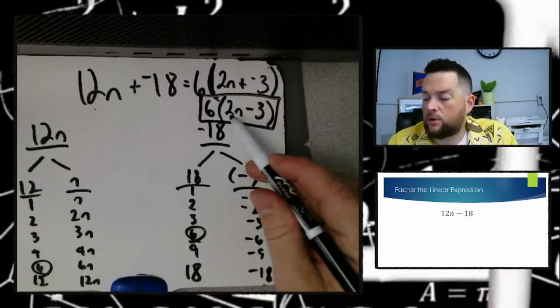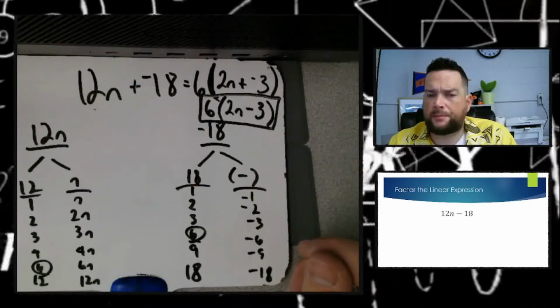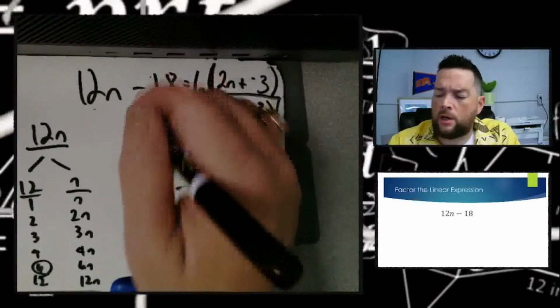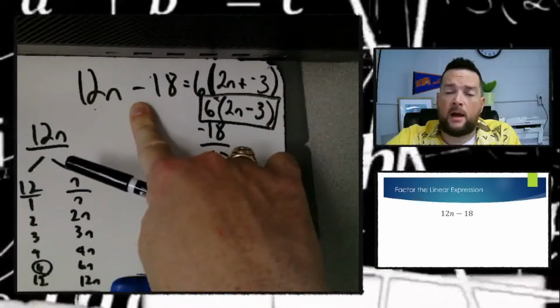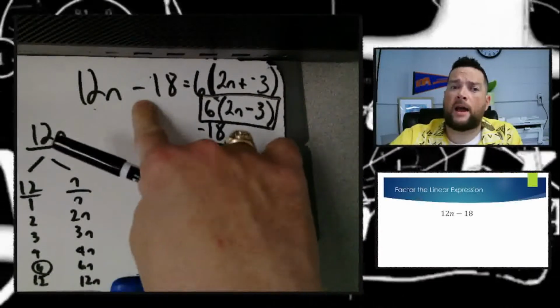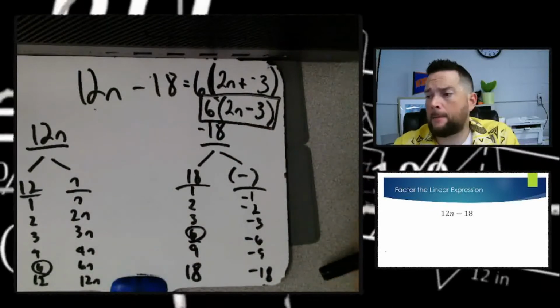So your final answer is 6 times 2n minus 3. That might be a roundabout way of doing this. You don't have to change that to a plus negative, but when you get to this next problem, you're going to see why I always tell my students to change that to add the opposite.